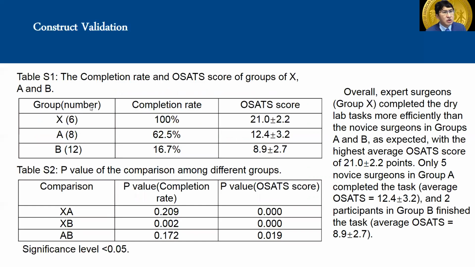So for construct validation, this is from groups X, A, and B. Overall, the experts completed the dry lab task more efficiently than the novice surgeons in groups A and B, as expected. And there is a great difference between them.